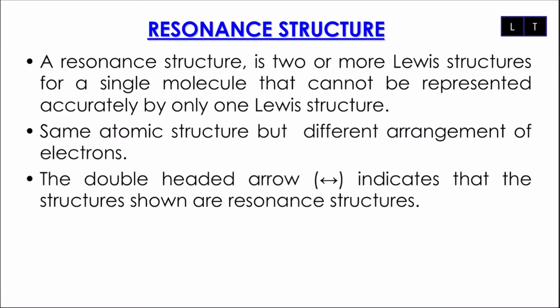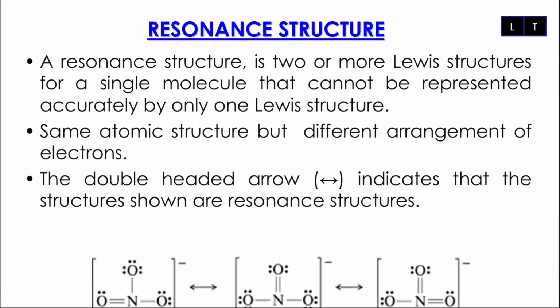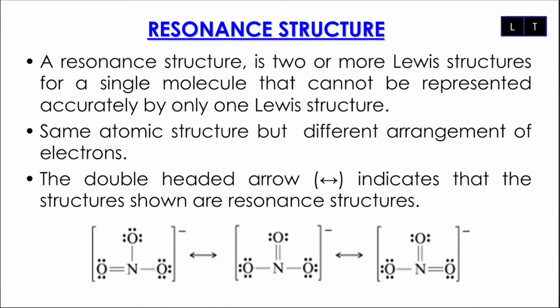And we are going to use a symbol or a sign, a double-headed arrow, to indicate that the structures shown are resonance structures. So for example, I have this picture. I got NO3 minus.